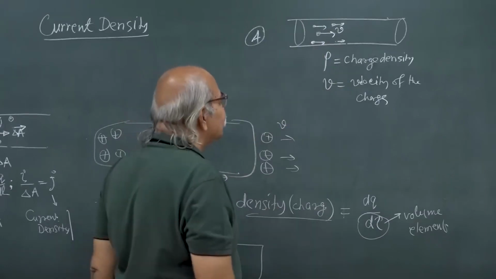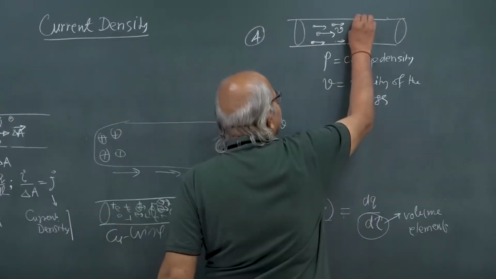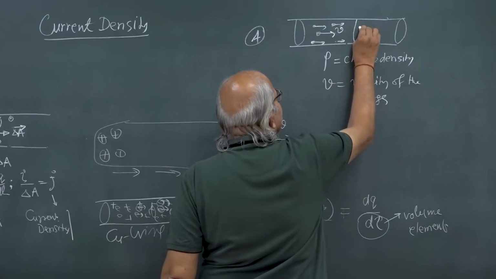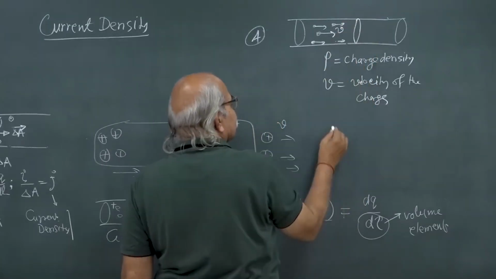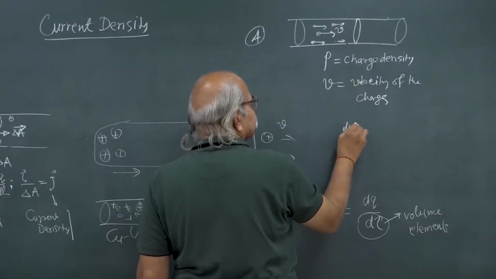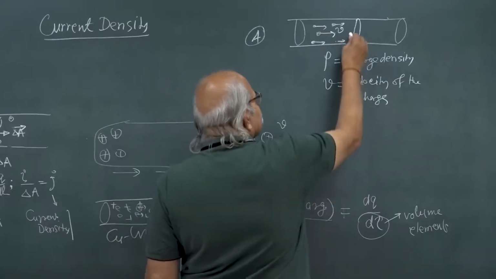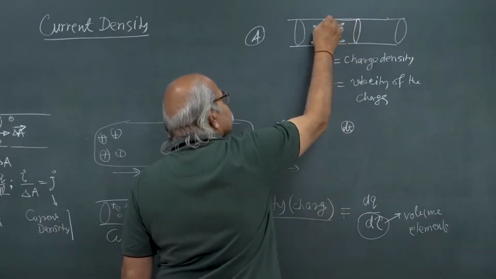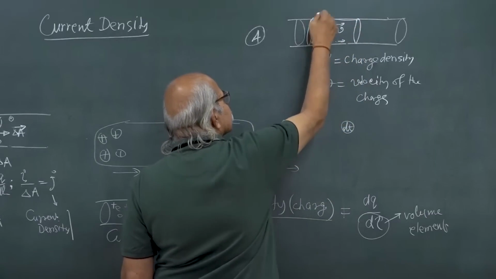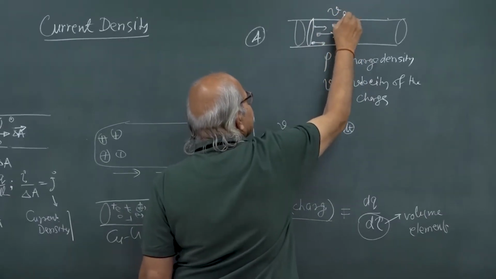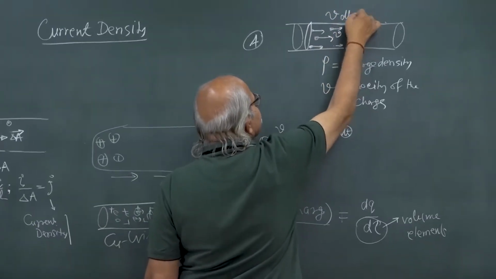So we can do it. Consider this cross section here, and take some time dt and construct a length v dt.